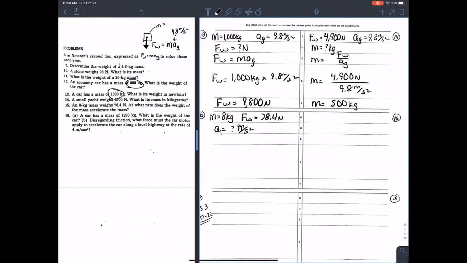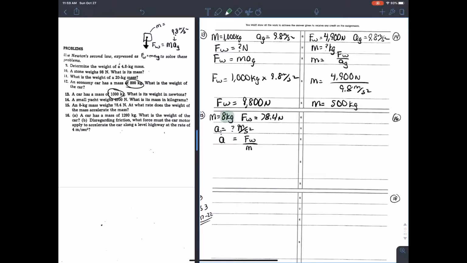We're trying to figure out what is the acceleration due to gravity acting on this object. So acceleration equals your weight divided by the mass. So we're finding the gravitational acceleration of this object with that 8 kilograms.